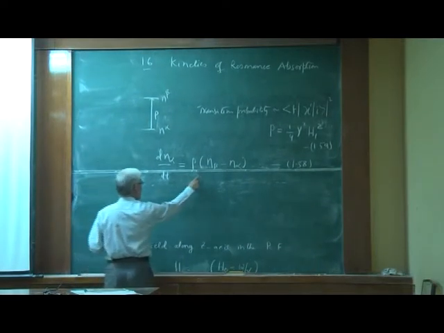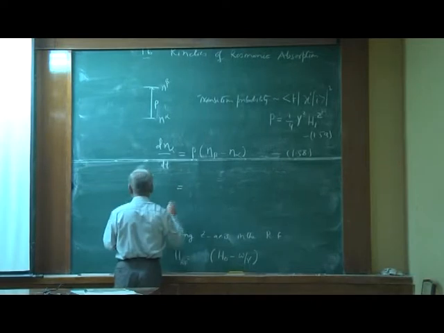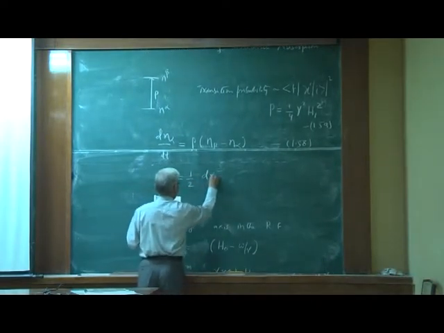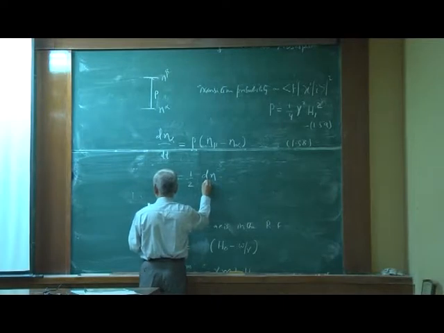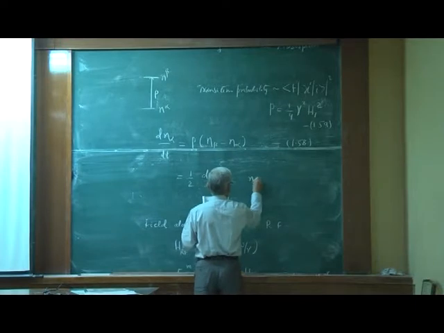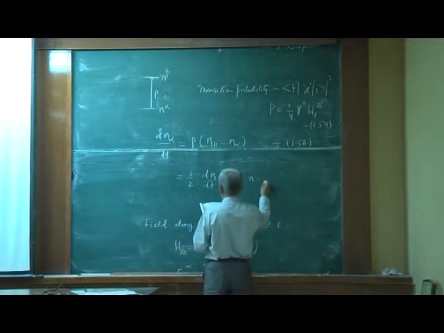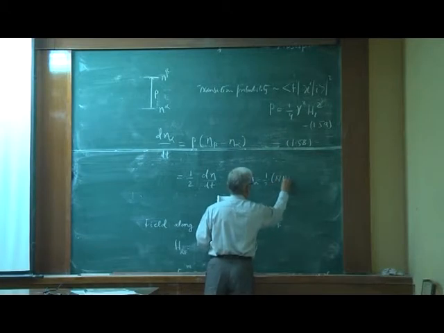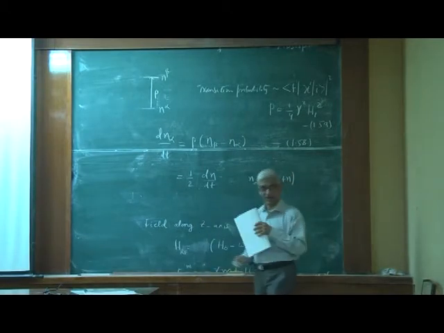Now you can rewrite this as half dn by dt, because n alpha is equal to half of capital N plus small n.